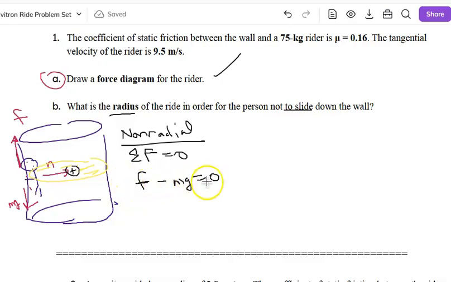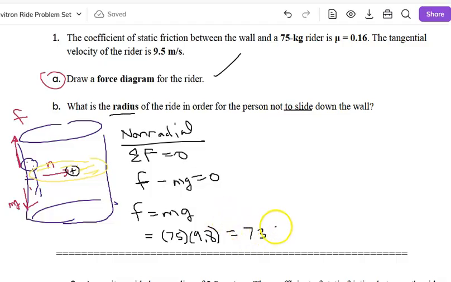So friction equals mg. We can calculate mg because that's 75 times 9.8, or 735 newtons.